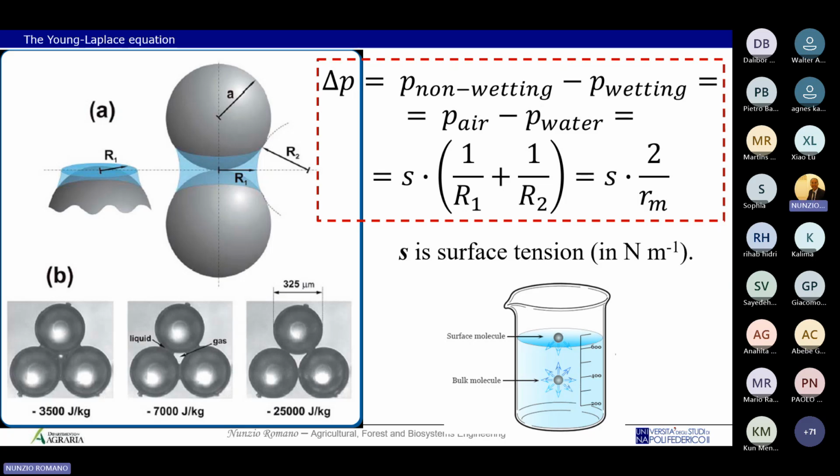Why? This surface tension comes into play because if we consider the bulk molecule, there is a sort of electrochemical equilibrium for all the molecules that are in the bulk of water. In this case, you can see the picture.